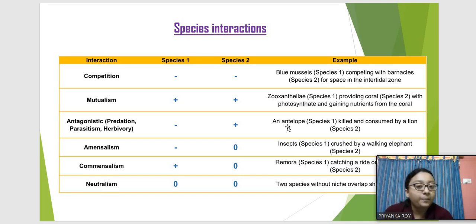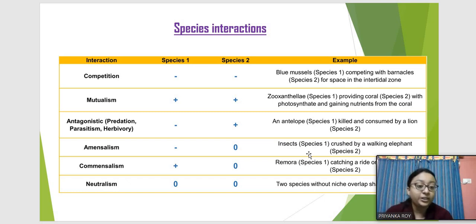Next comes amensalism. Amensalism is when one species is negatively affected and the other species is neither affected nor benefited, like 0. When it's not a positive and not a negative, then it's a 0. And one species is affected negatively. An example, if you can understand, is when insects are crushed by a walking elephant.